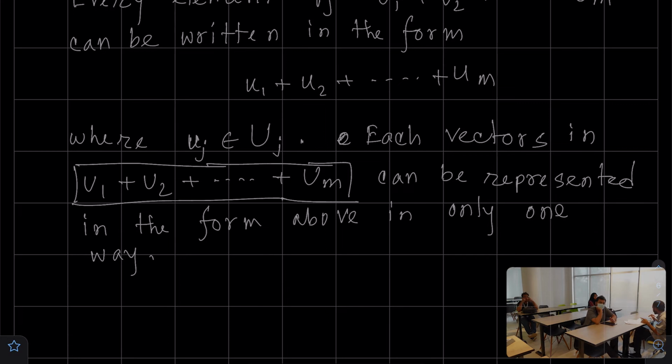But here we are interested in a unique way of representing a single vector.